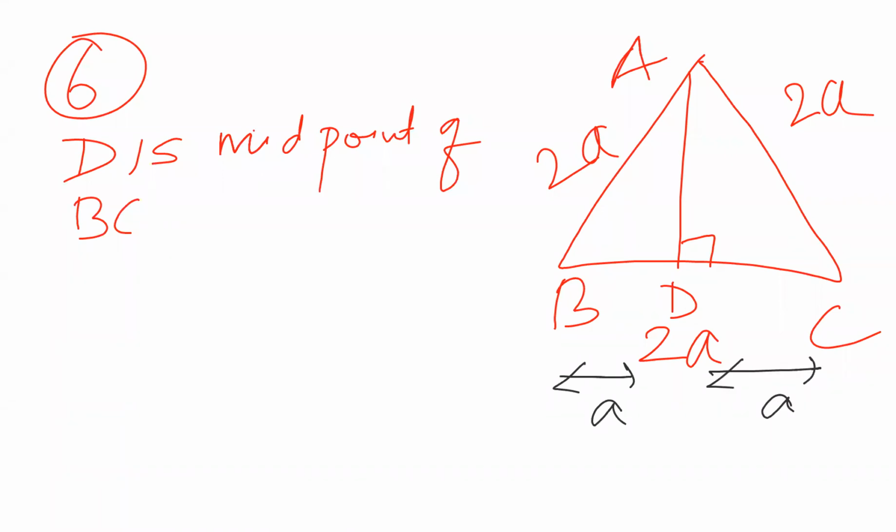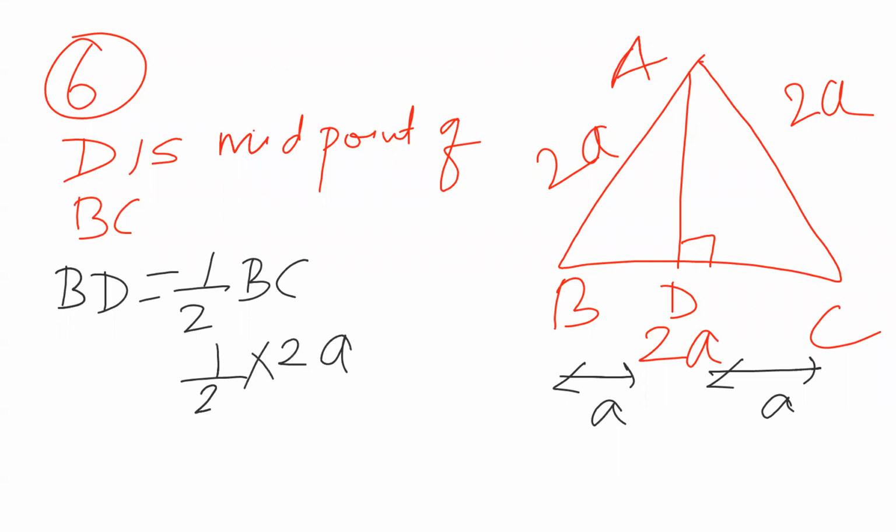Because BC is 2A, so BD will be half of BC, half of 2A, which will become A. Clear?